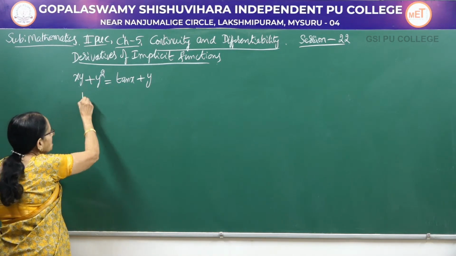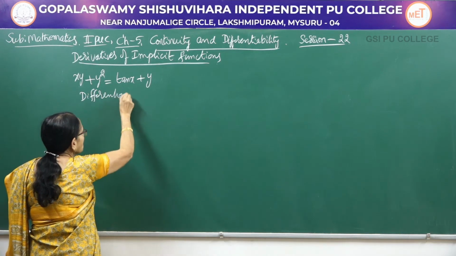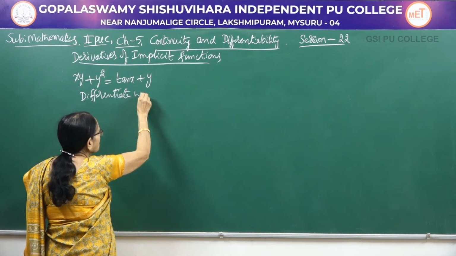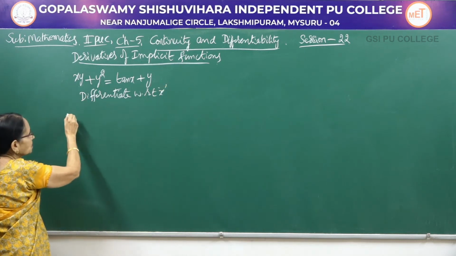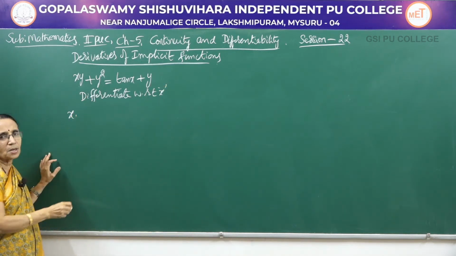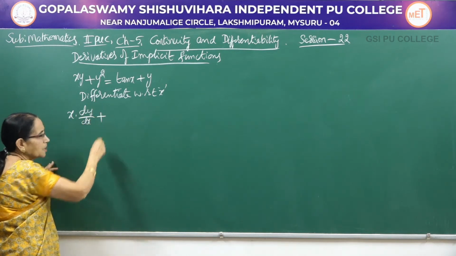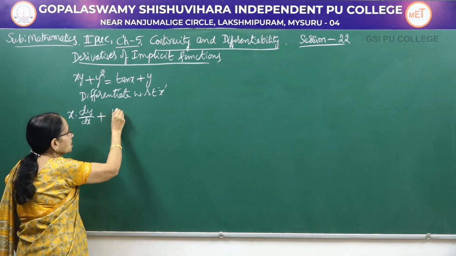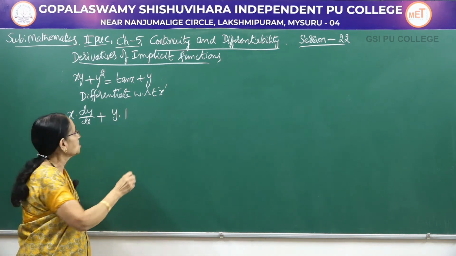So, right here, differentiate with respect to x. Okay. So, here I told you apply the product rule. First function x into derivative of y is dy by dx, plus second function y into derivative of x is 1, that is over.